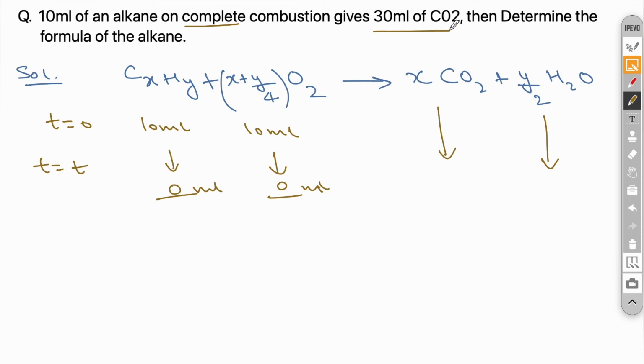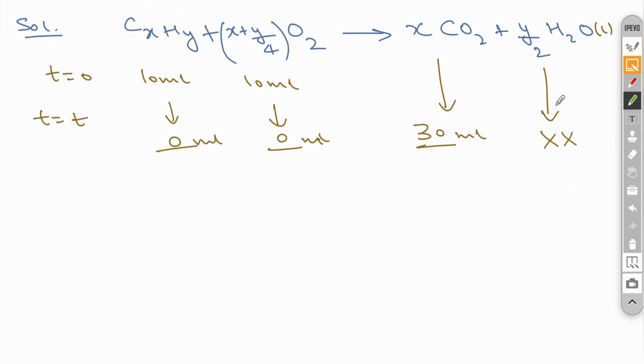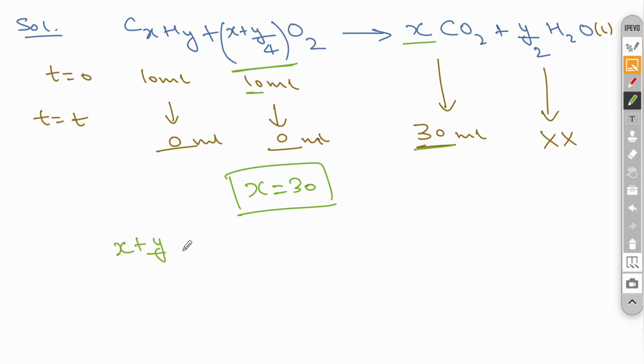So for CO2 it's 30 ml, and for H2O there would be no H2O in liquid state. We won't consider its volume. Okay, so simply use unitary method. By observation we can see X should be 30, and similarly this value X plus Y by 4, the mod of X plus Y by 4 should be equal to 10.